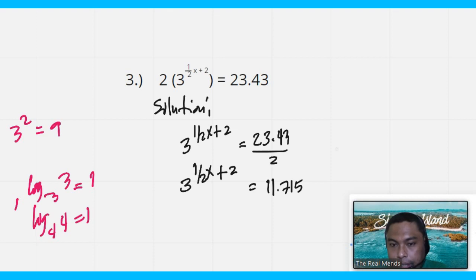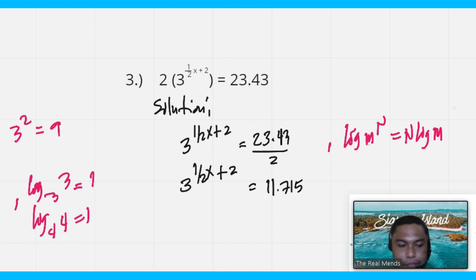Next, in our properties again, if we have log of m to the power n, this is just equal to n log of m.